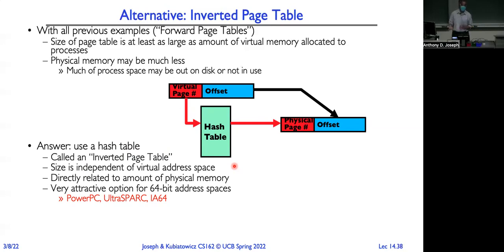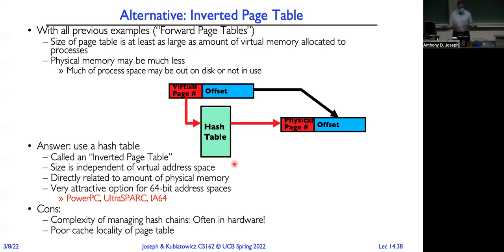If it's not in the hash table, then we have to go look in our bookkeeping data structures to figure out, hey, where is it out on disk? So that's nice. The size is now independent of the virtual address space. It's proportional to the amount of physical memory that we have. And so it becomes a really nice solution when we have a 64-bit address space, right? And we don't want to have 6 or 7 or whatever levels of our page table.